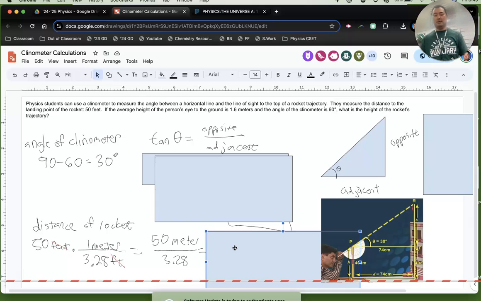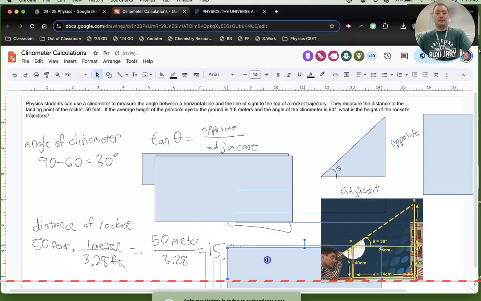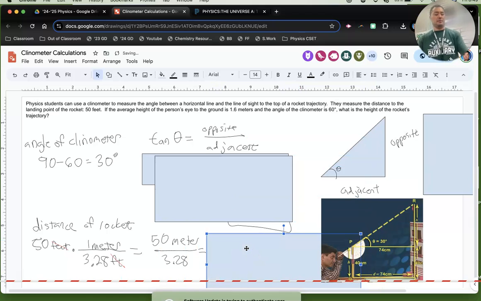Grab a calculator, follow along. Try one more time. 50 divided by 3.28. It should be on your screen, or you can look at my screen if you're able to see. Try to follow along.